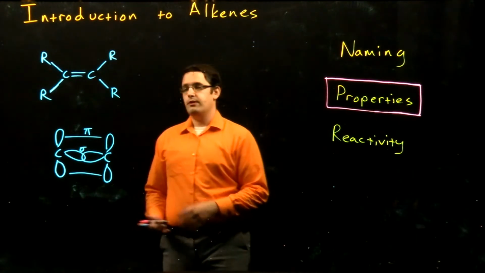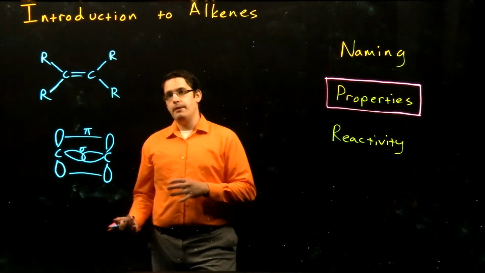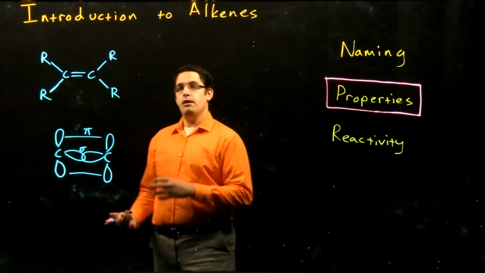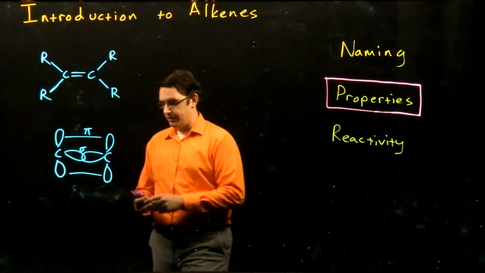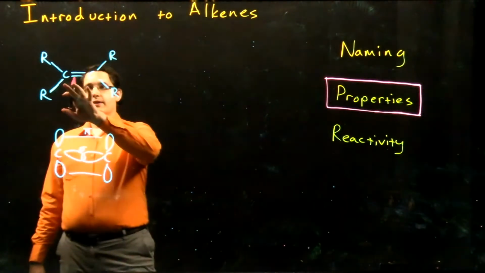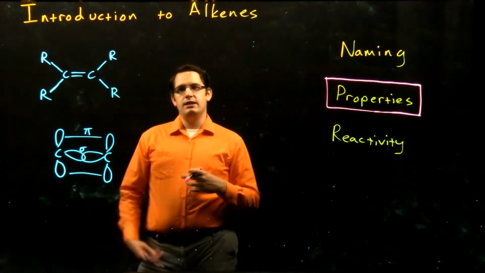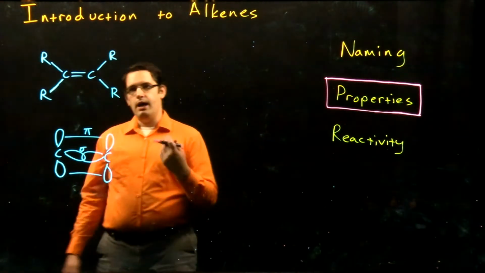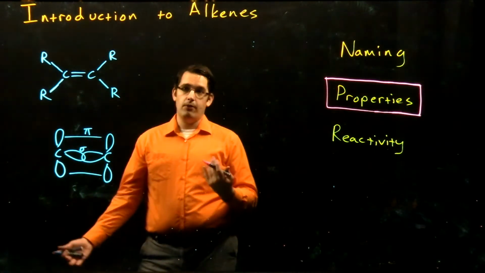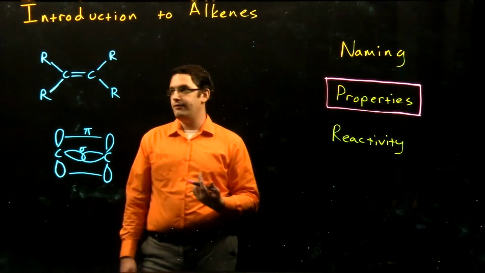Now, as we know, the properties of our molecules are strongly based on the electronegativity of the atoms involved in those functional groups. Over here in our alkene, we of course have our 2 carbons with that double bond between them, and since they're both carbons, they both have the same electronegativity.